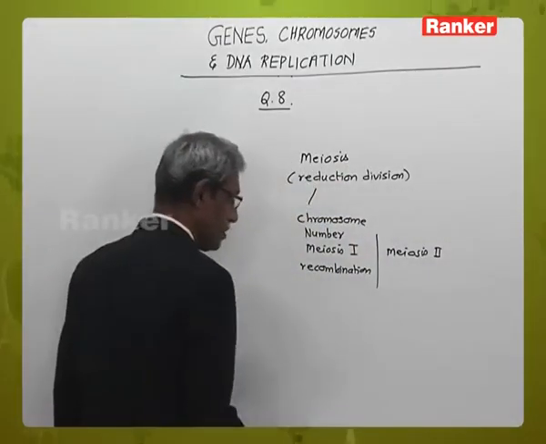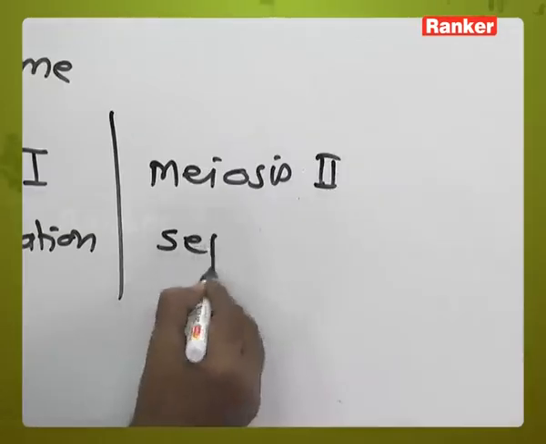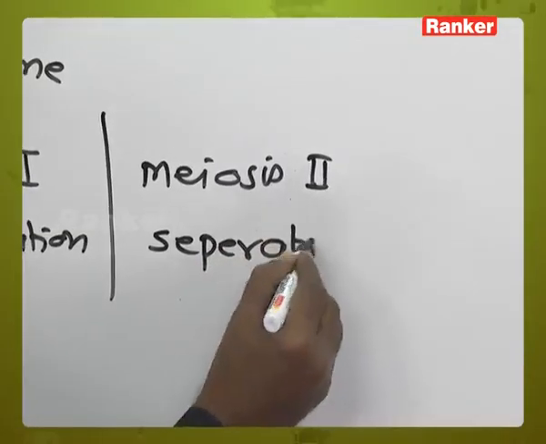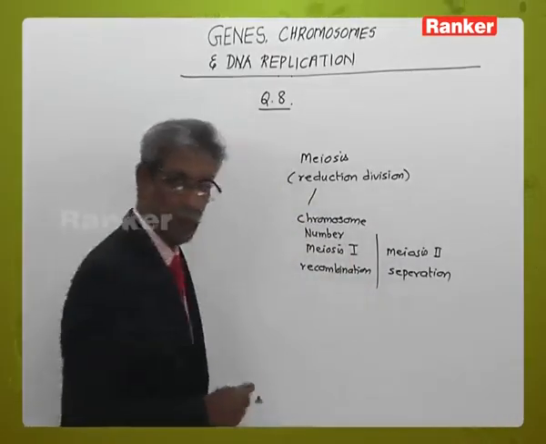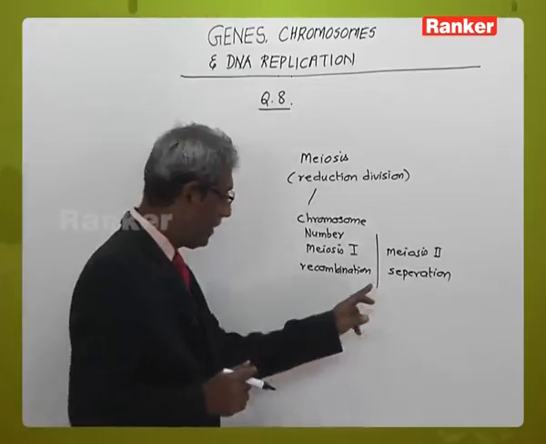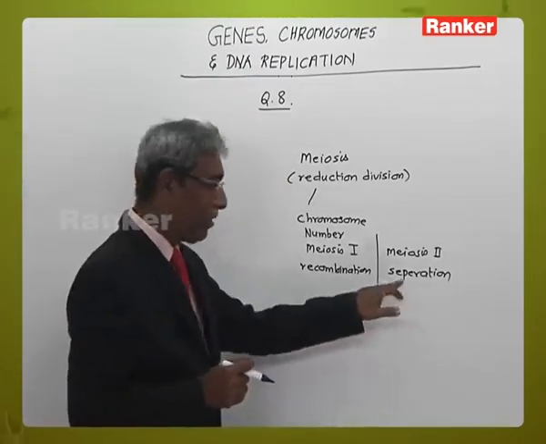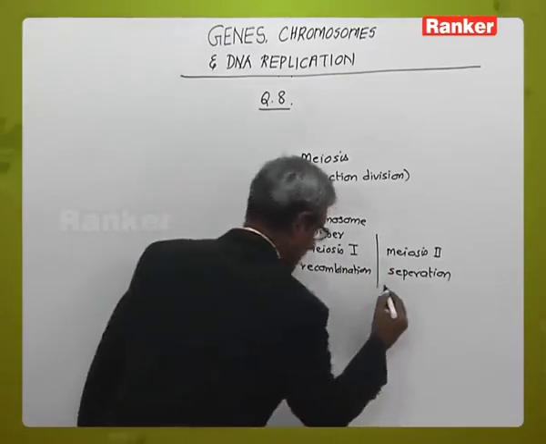So, during meiosis 2 there is the separation. Now, the process of separation is also termed as segregation.